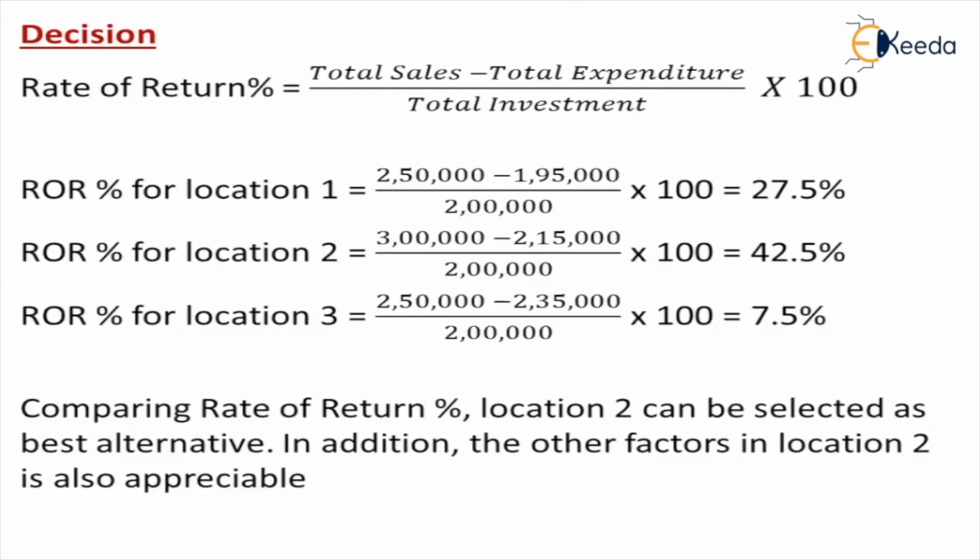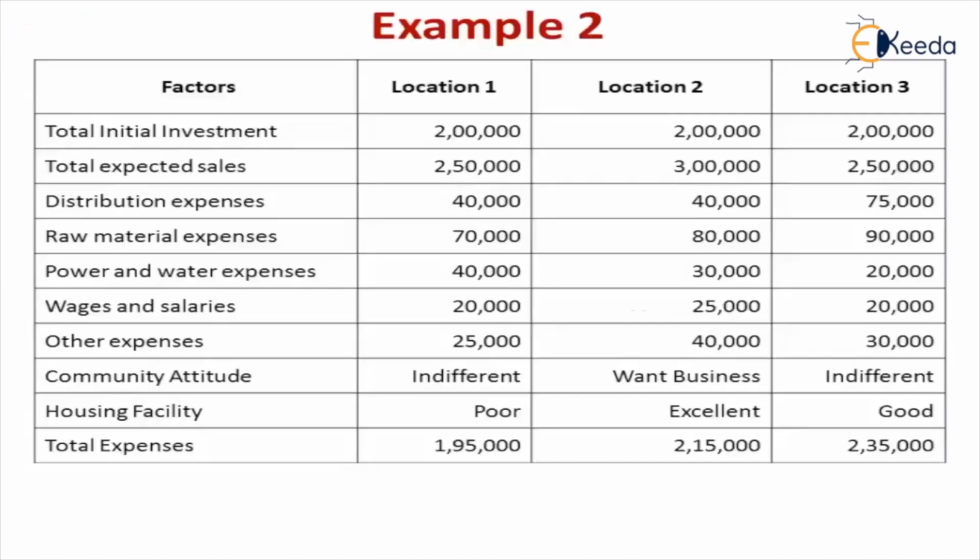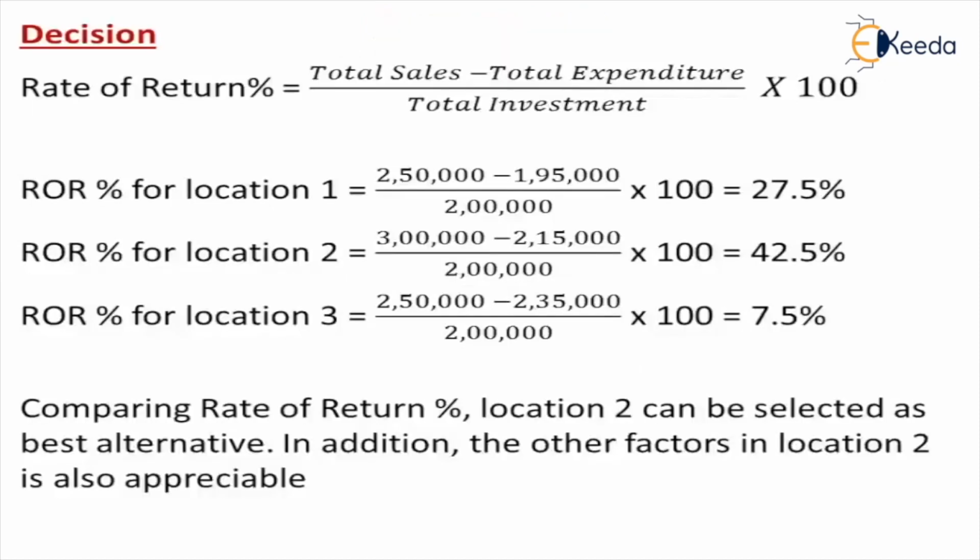Here in location number 2, I am getting a 42.5% rate of return. In addition to that rate of return, when you look at the community attitude and the housing facility also, location 2 is better. So as a decision, you can select location 2 as the best.